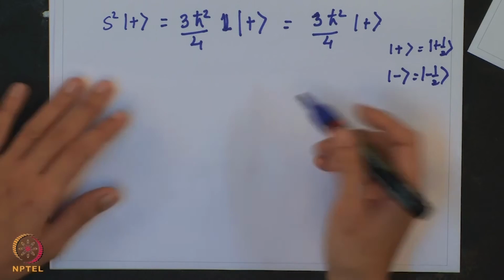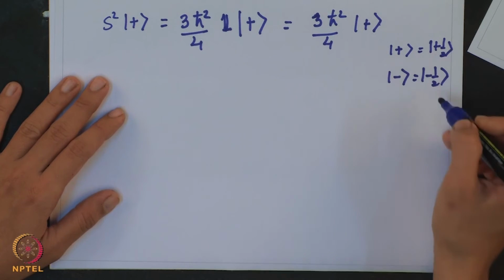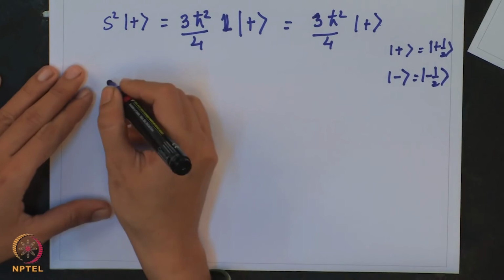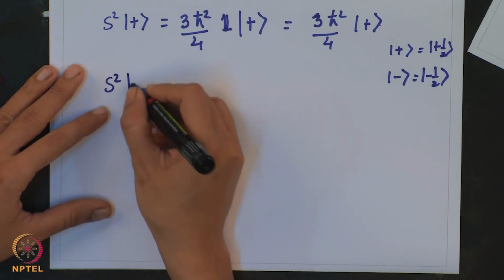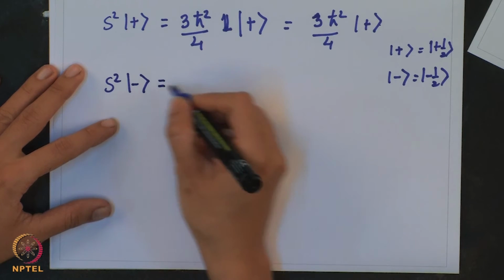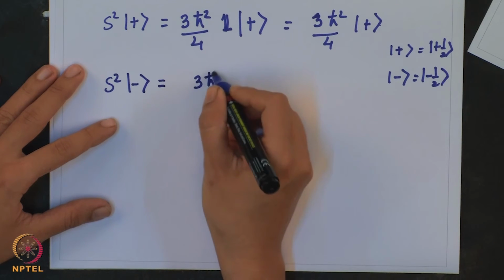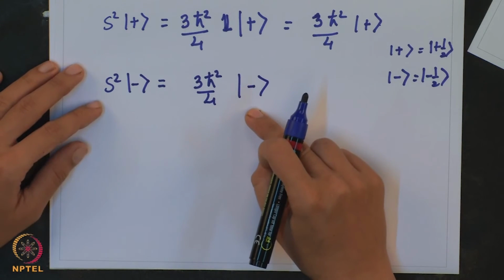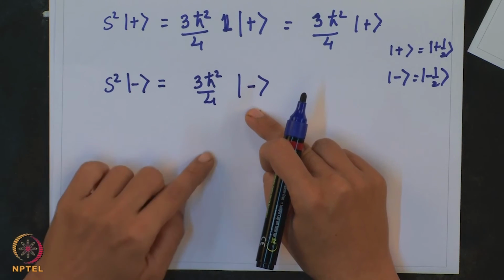This you should remember. This is called the spin up state, and this is called the spin down state. S square when operated on the minus ket will give you 3ħ square by 4 times minus. This is nothing but the down state, so it will project out only the down state.